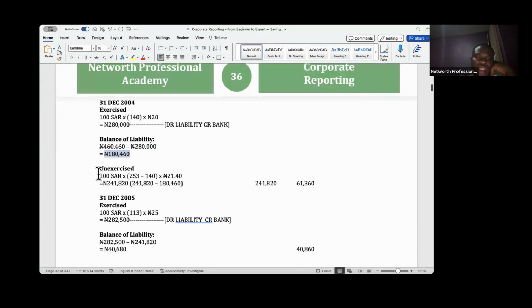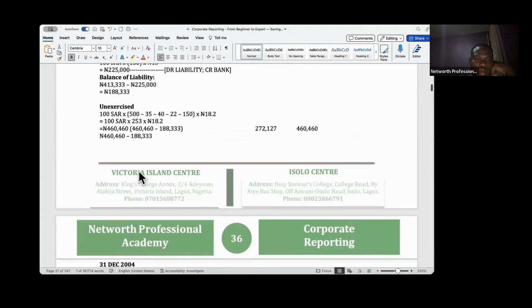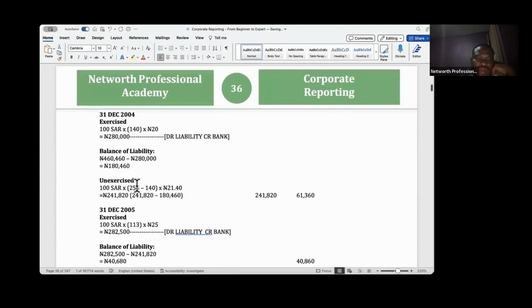Now that 140 has exercised, how many are now unexercised? Don't forget, it was 253 that was remaining in year 3. Out of that 253, 140 has exercised. Whatever balance, 253 minus 140, that should be 113.